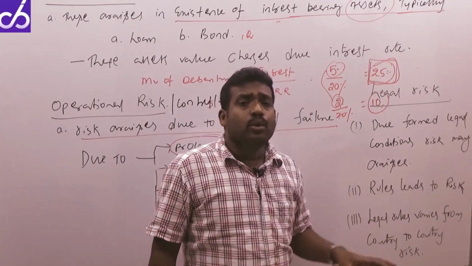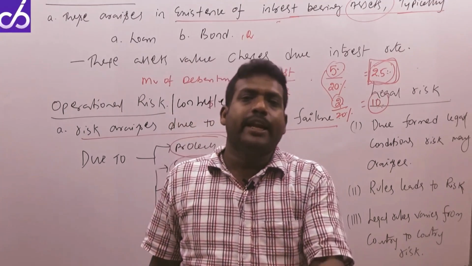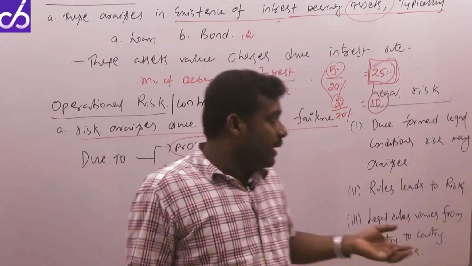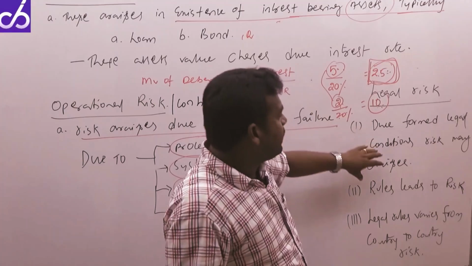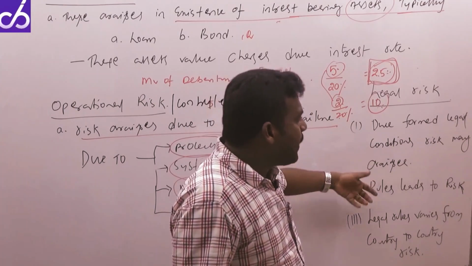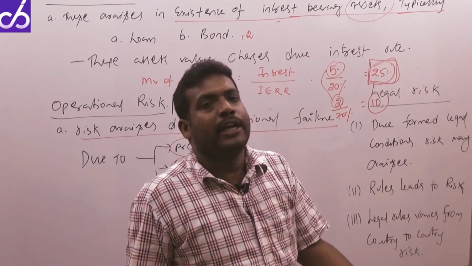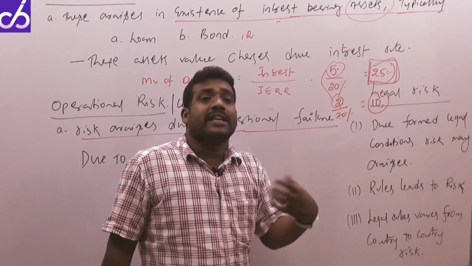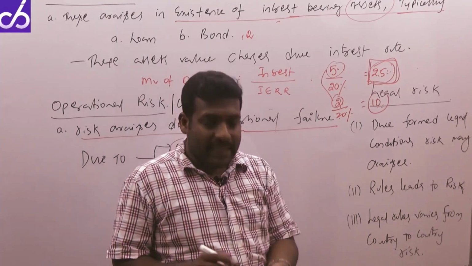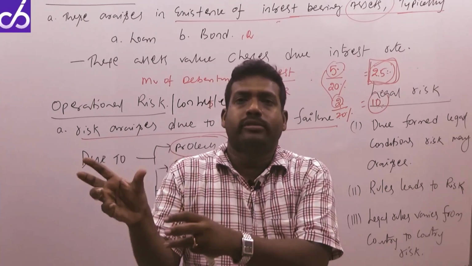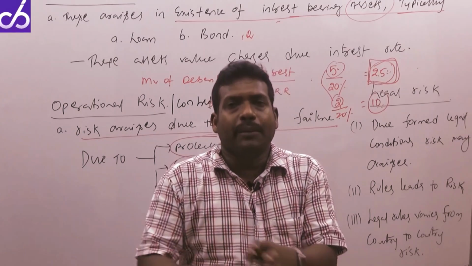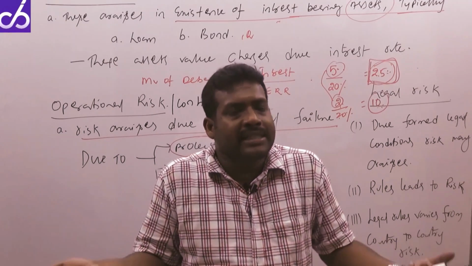Legal rules vary from country to country. Because of such reasons, a counterparty may fail to pay certain money. So far the government had decided rules which were very favorable. Then the government suddenly changed the rules to unfavorable ones.